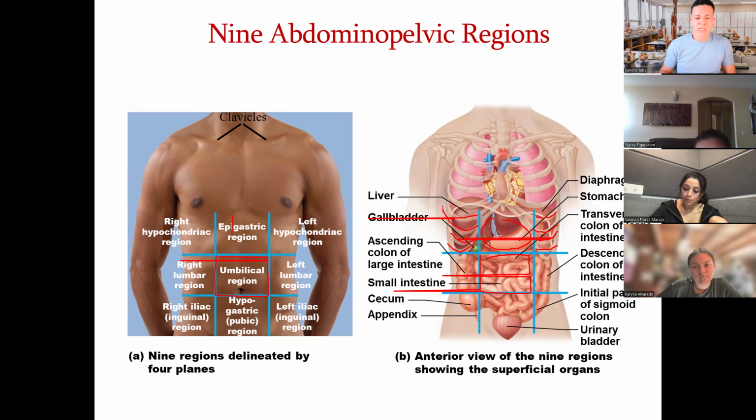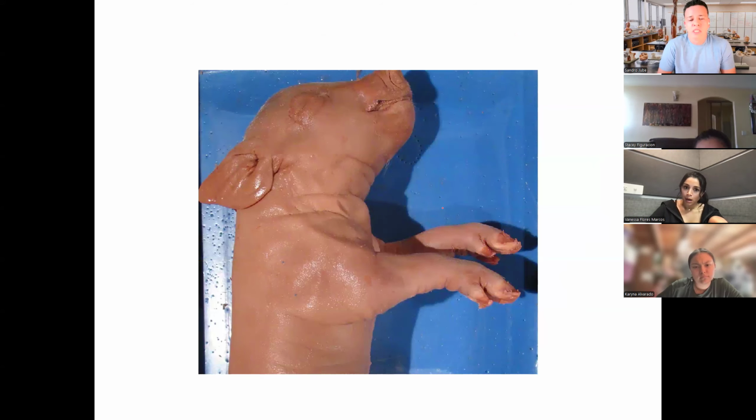So we would be using this little guy right here, which is a fetal pig. Fetal pigs are used throughout the entire world as a model for the human body, for human dissection. If you don't have a cadaver, oftentimes you work with fetal pigs.